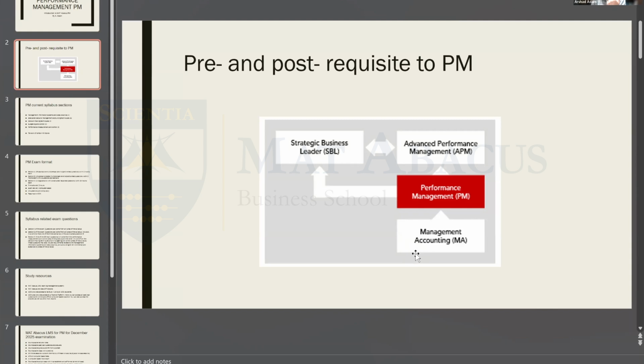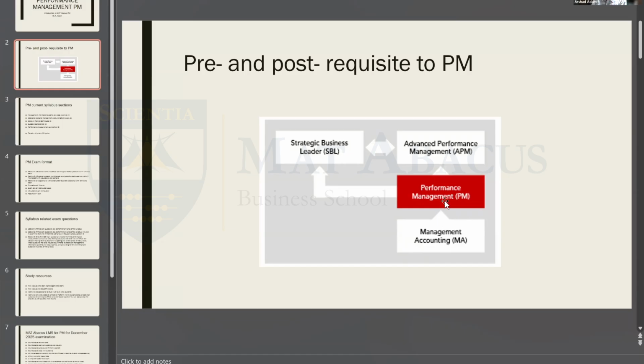Some of you would have done this paper and probably passed it, and now you're coming for performance management. Performance management is a nice, glamorous name for, maybe you can call it, intermediate management accounting.